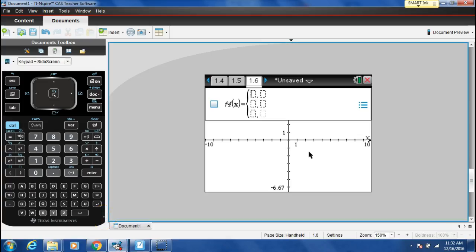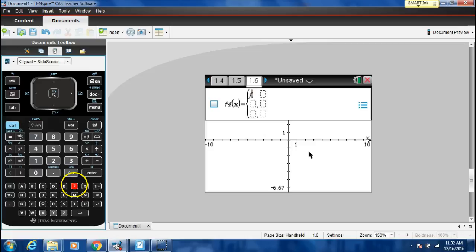Because now I can go in there, and instead of typing in 0.253x cubed minus 3.698x squared plus 18.645x minus 13.81, I can just type in f1 of x. And it's defined for me.